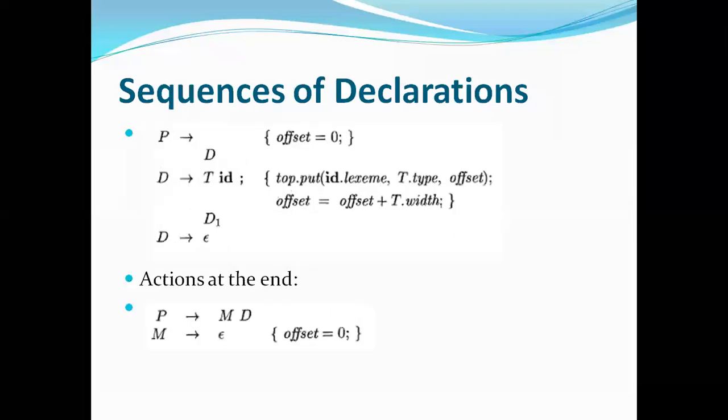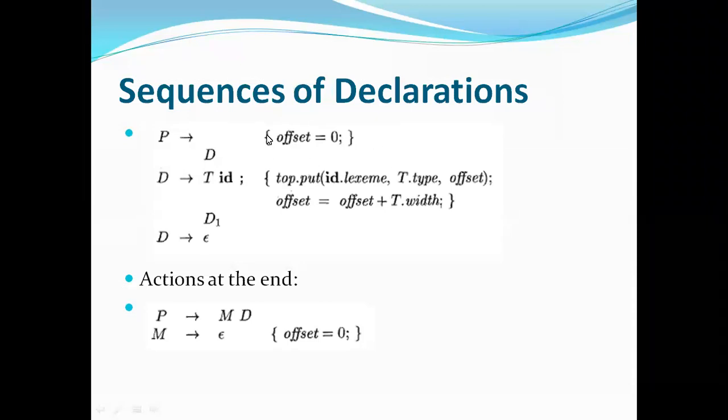Next, I'm going to explain how sequences of declarations can be done. It is a declarative statement because the items along with the data types are declared here. These semantic actions come under translation schemes. Why?